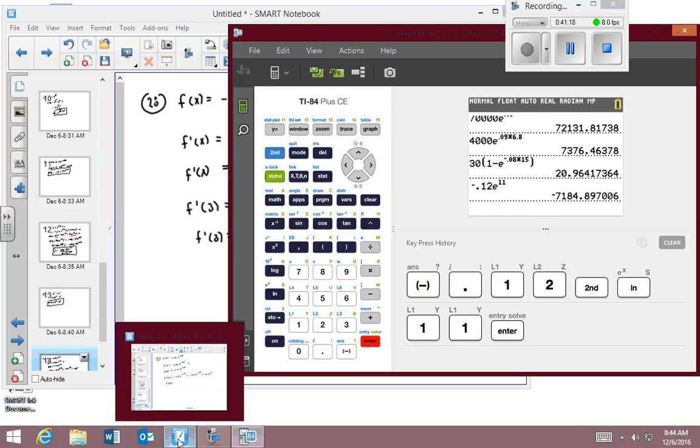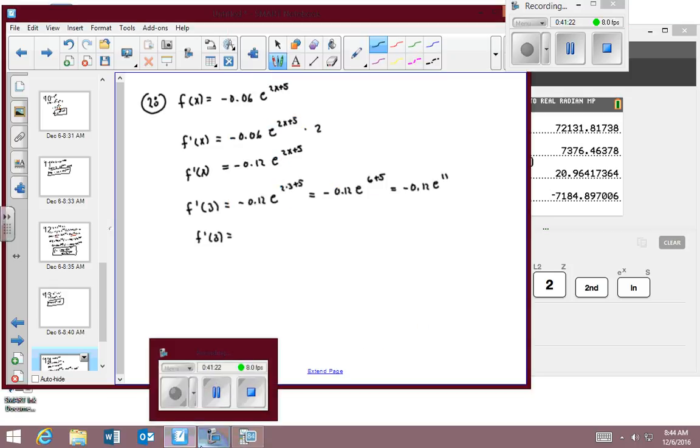So, let's see. This is 9. So the interpretation is as x goes from 3 to 4, f of x, it actually increases by 7184.9.